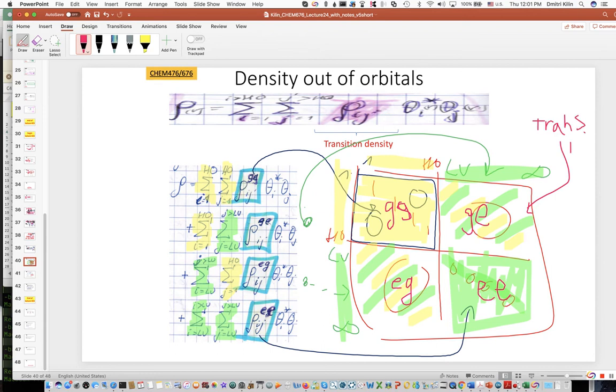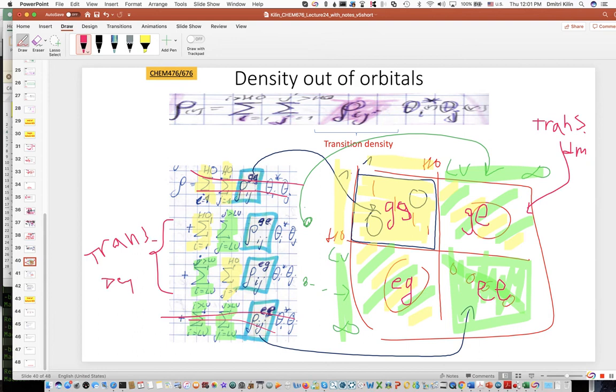And if we compute the density contribution originating only from these off-diagonal elements, if we remove the diagonal and keep only off-diagonal, then this will be called transition density.